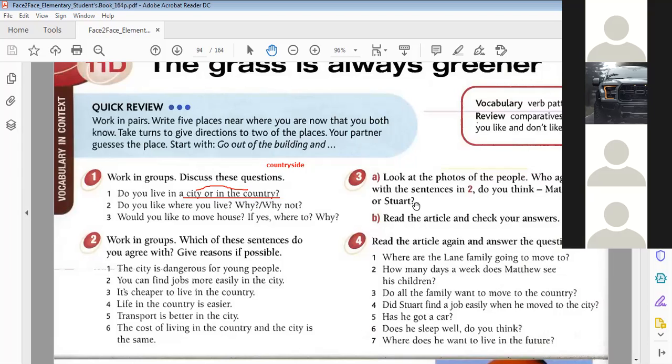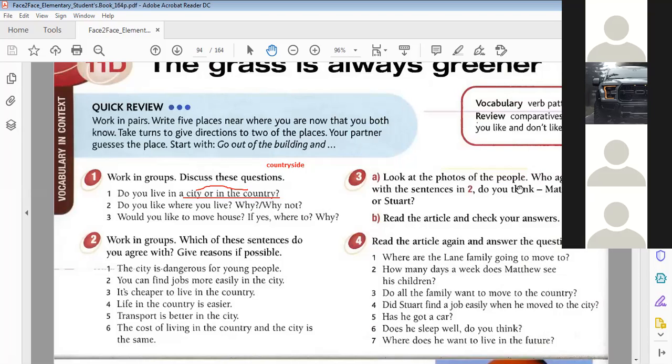Yes, for transport you need money. For everything you need money in the city, not like in the country. So maybe you mean because there are more services in the city, so you need to pay more, right? Yes. Okay. Maybe you're right.